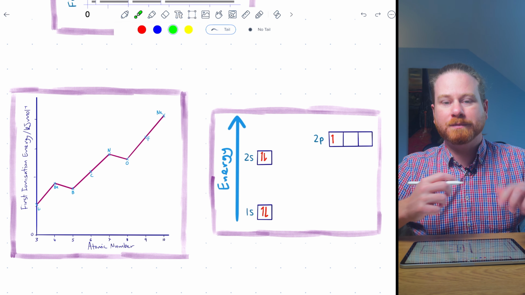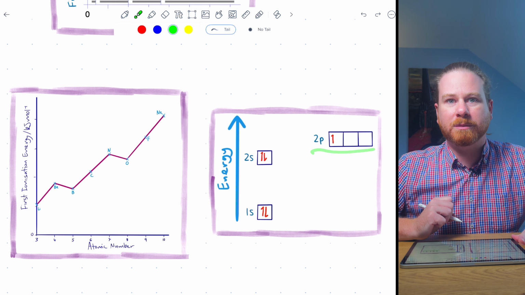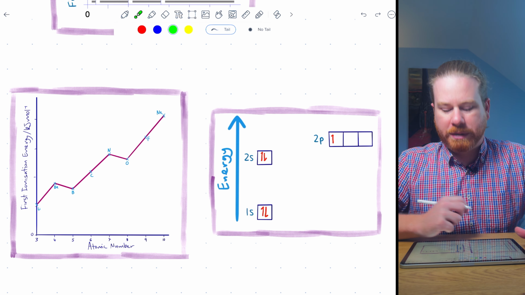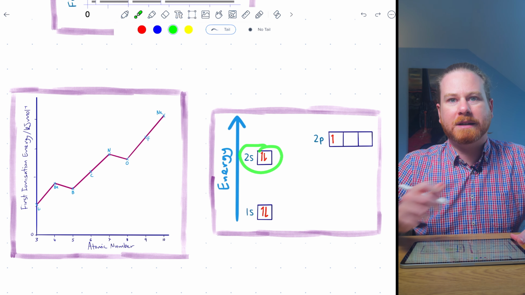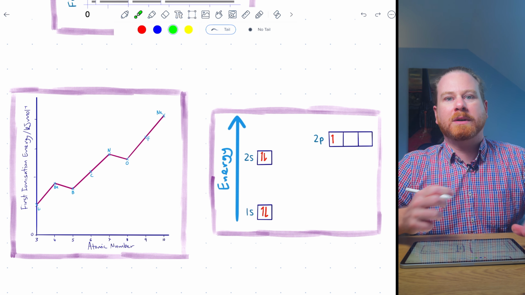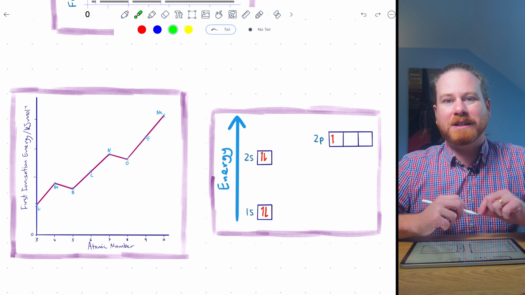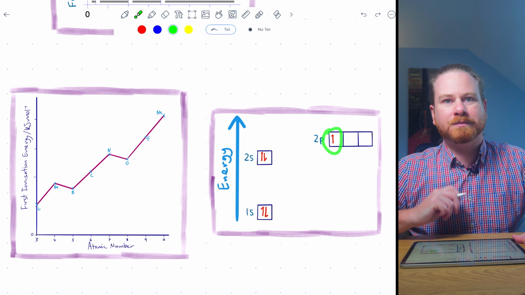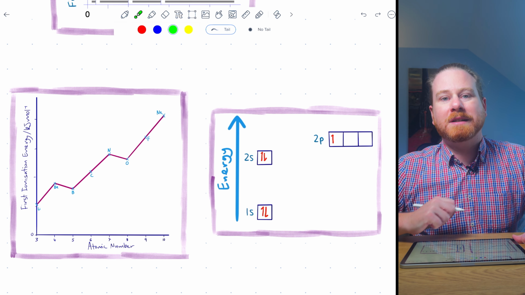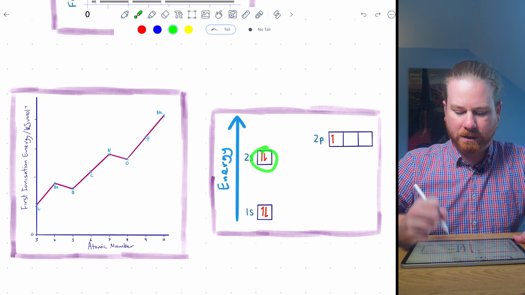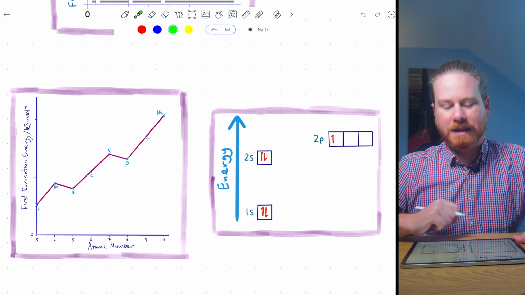Also, the p orbitals are at a higher energy compared to the s orbitals. Because this orbital is at a higher energy, less energy is needed to remove this electron compared to if we were just removing a 2s electron.